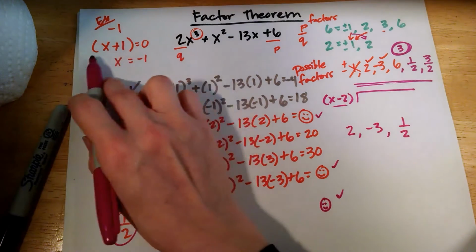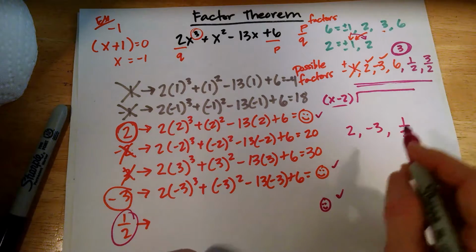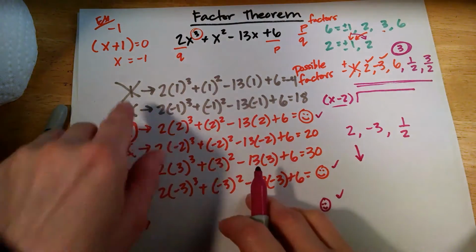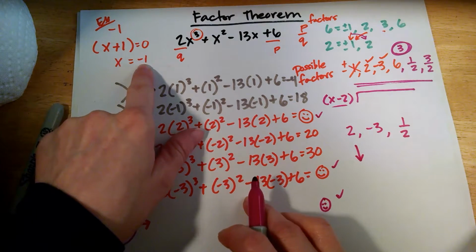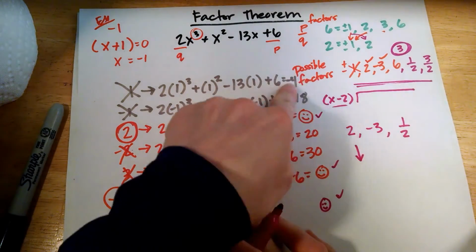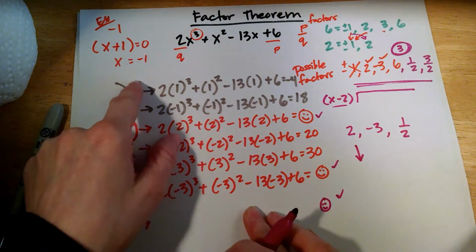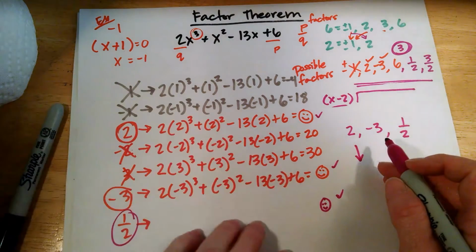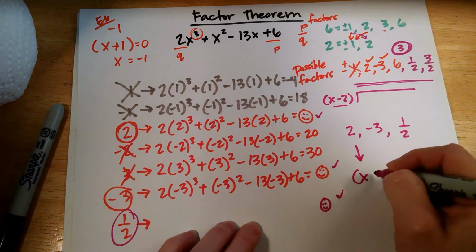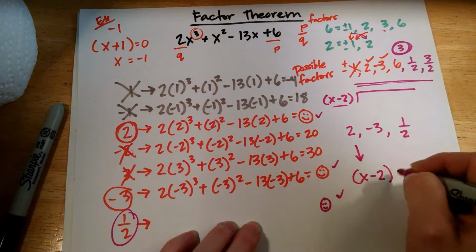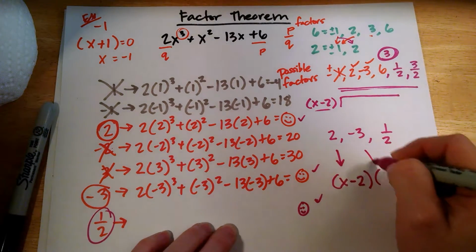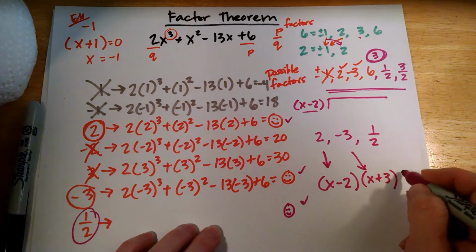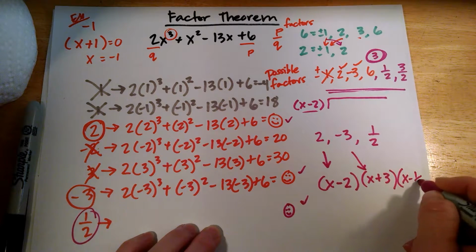But we now have to put them back in binomial form. So we need to change the signs to put it back in binomial form, because when we solve for this, we get an opposite sign, and that's what we found over here. These are the possible numbers that x could be. But now we need to write it in one step before that in binomial form. So this is going to look like x minus 2 and x plus 3 and x minus 1/2.